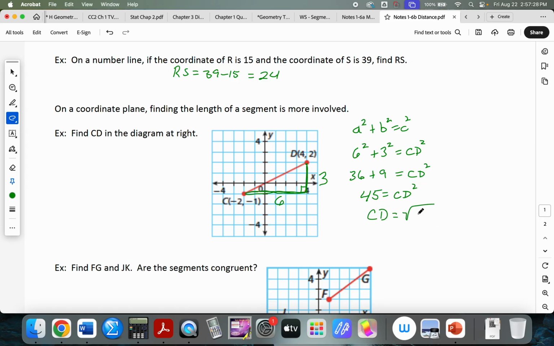So CD is the square root of 45. So that square root doesn't have a whole number, but we will simplify the square roots later on, but not right now. For right now, this is enough. I don't want to pile too much on you at once.